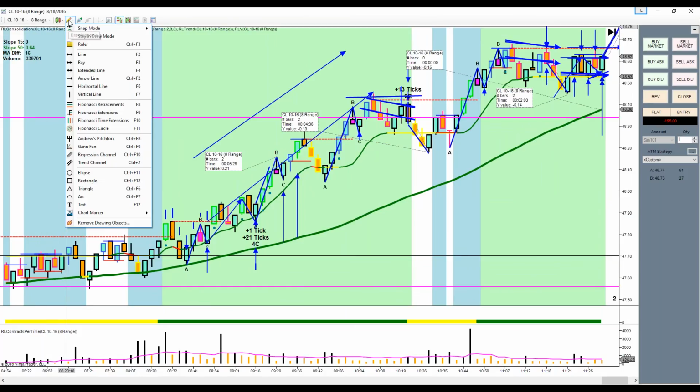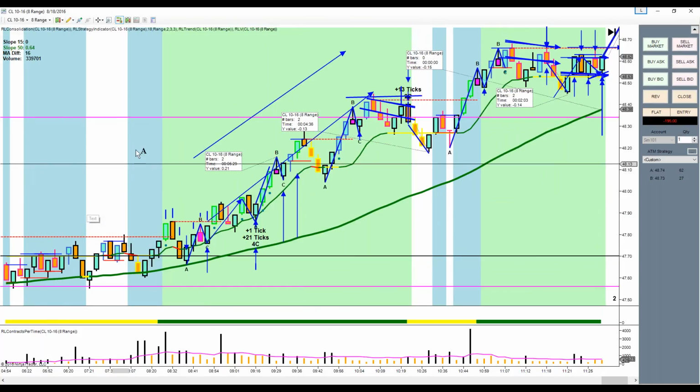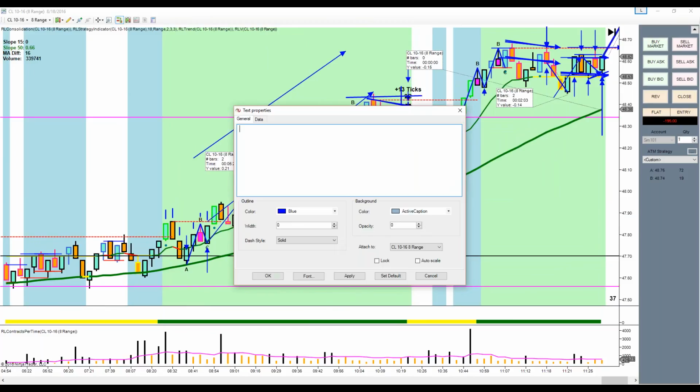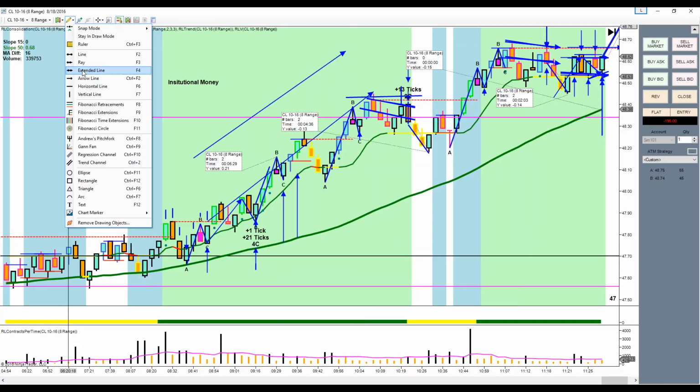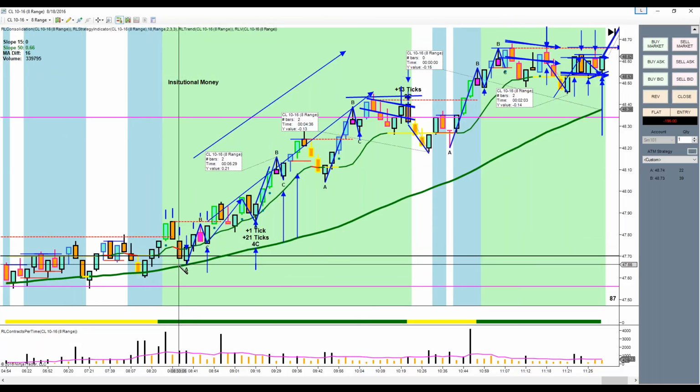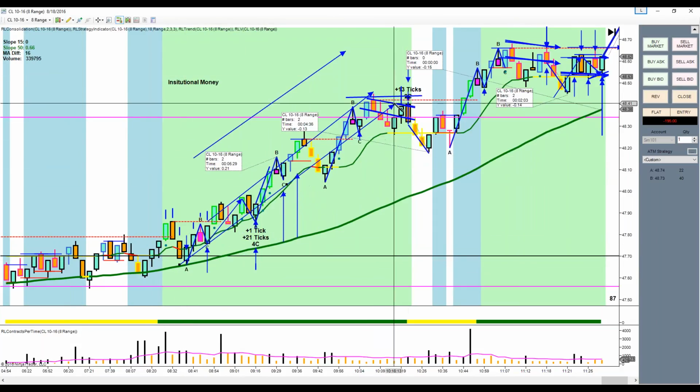And the rationale is the only thing that can align multiple time frames in your direction are the institutions. It's institutional money. So when you see the time frames align, you know that the institutions are participating, and you usually get a nice move up.